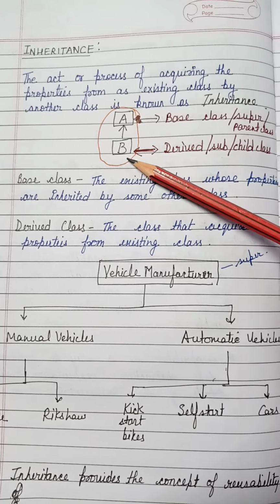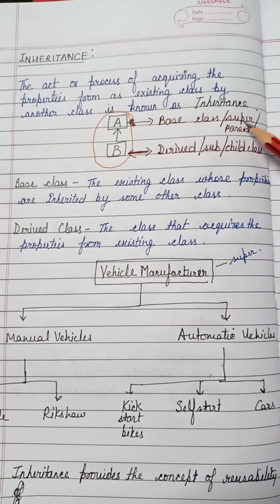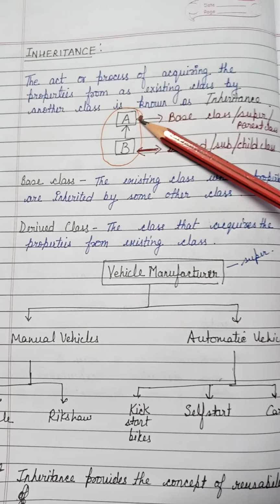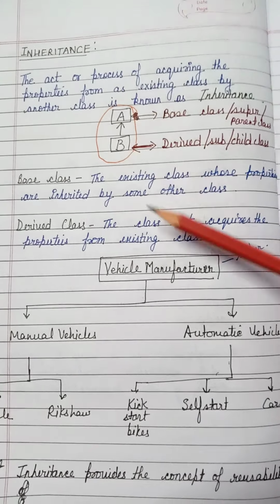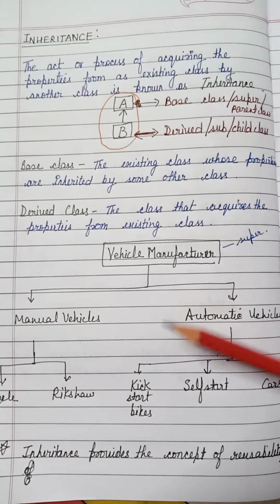A is the base class; another name is superclass, or parent class. A is the parent of B. B is acquiring the properties of A. So A is the base, super or parent class. B is the derived class, subclass, or child class of A. This is the parent class and this one is the child class.